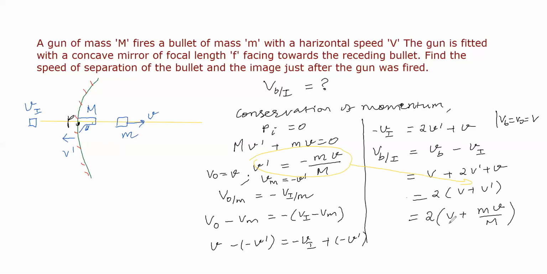By taking v common, we will get 2 into 1 plus small m divided by capital M into v. So this is the velocity of the bullet separated with respect to its image in the concave mirror.